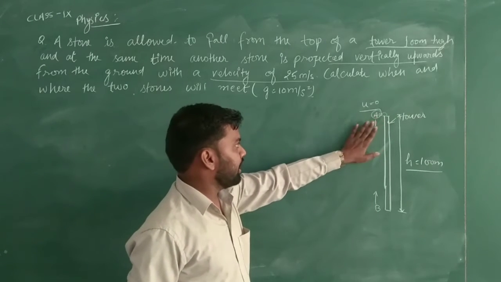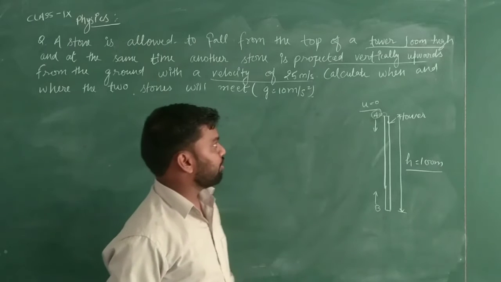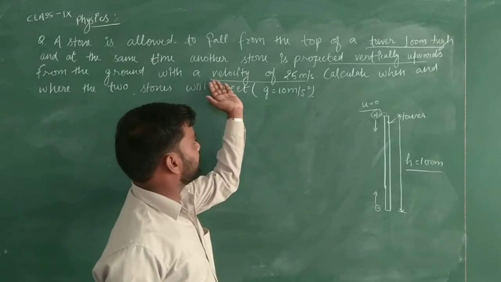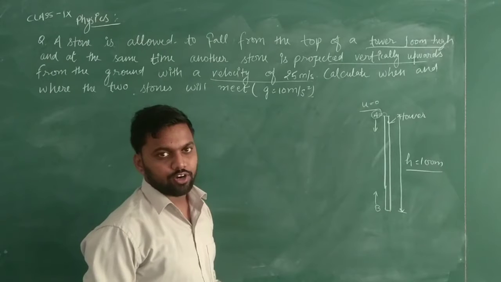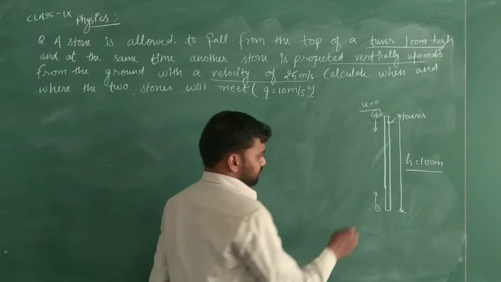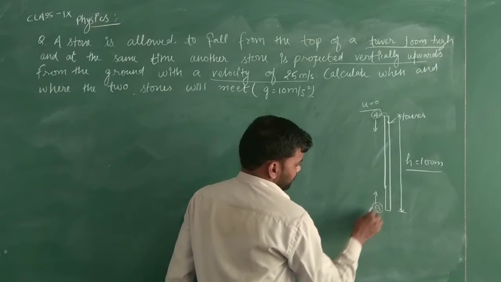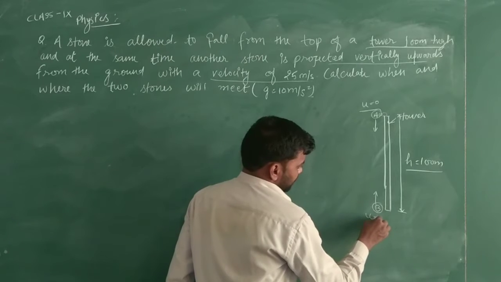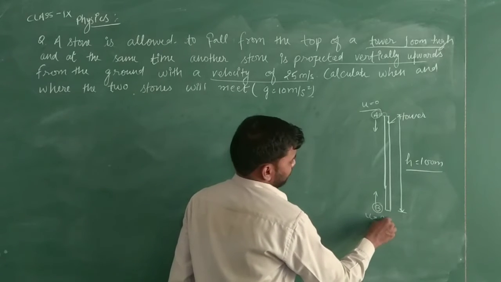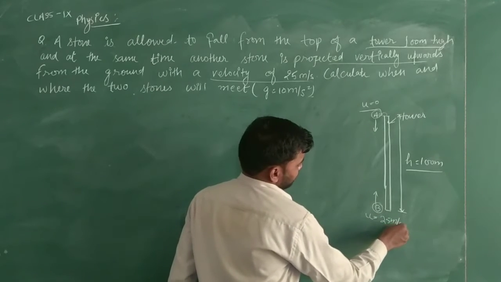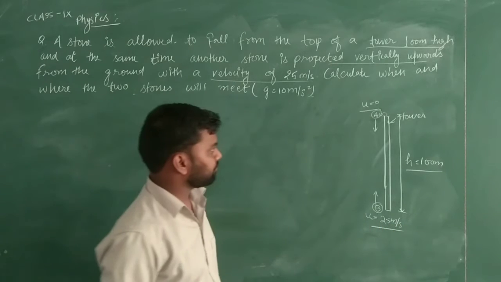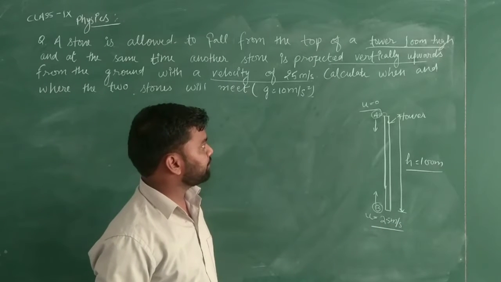And for B, it is already given that it is going in the upward direction with a velocity of 25 meter per second. So here the value of u is already given, that is 25 meter per second. Now, what do we need to find out?